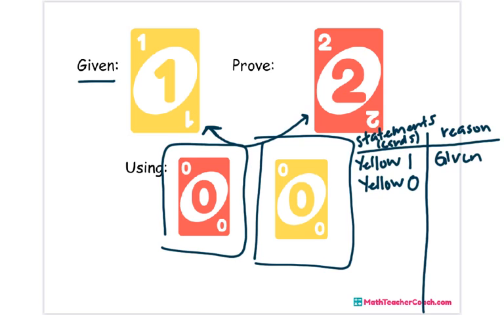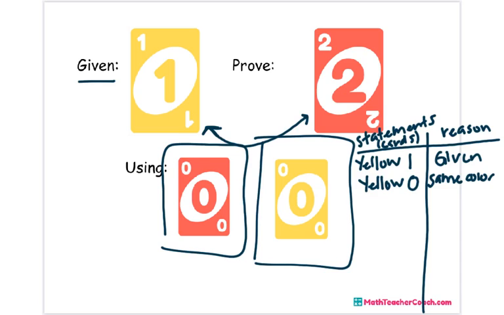So we go from a yellow 1 to a yellow 0. Why? What is our reason for playing the yellow 0 on top of our yellow 1? So you might say because it's the same color. So that is our postulate for UNO. That's one of our postulates that we can use. It's our reasons.